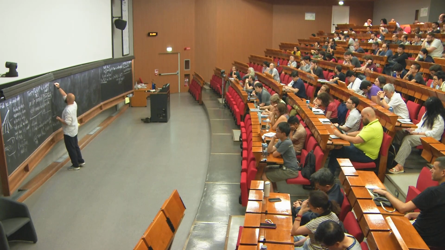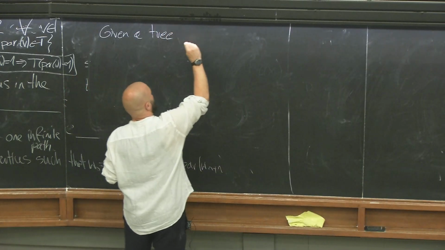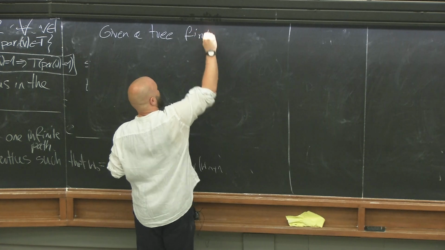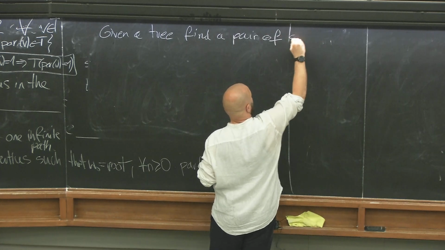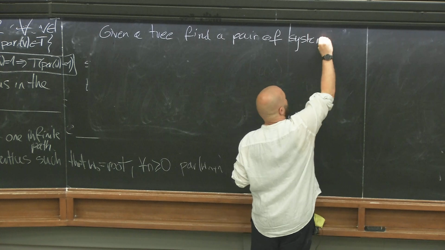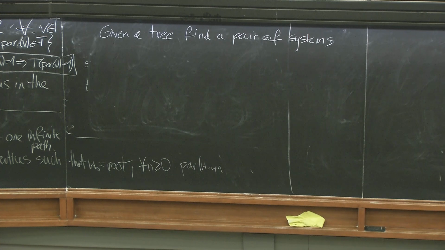You're given a tree, find a pair of systems. So we now imagine that we want to solve our favorite classification problem by showing that it is not Borel, so it is hopeless to solve. So we want to kill our hope.